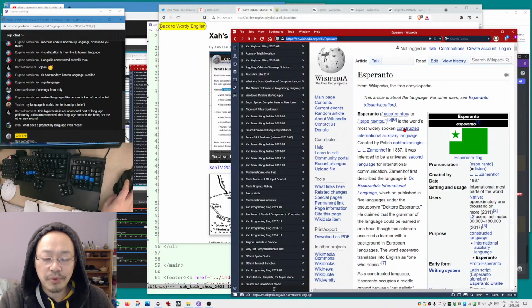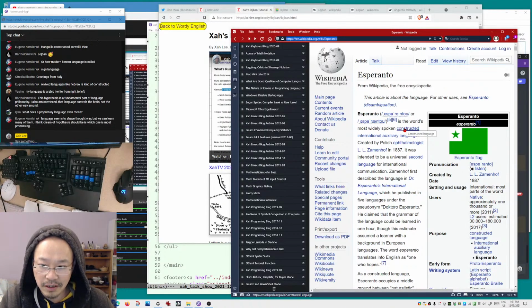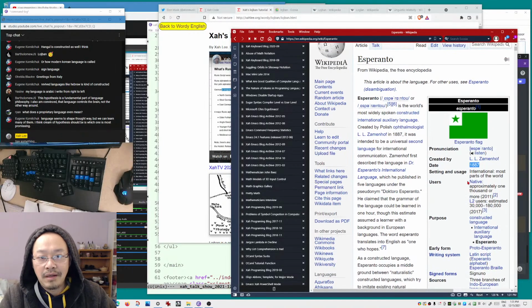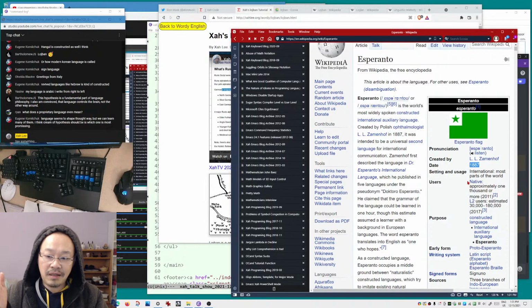So Esperanto is designed. So why do these engineers, these nerds, usually these people who created starting about 200 years ago? So you see, 1887, Esperanto was created. And there are several others.